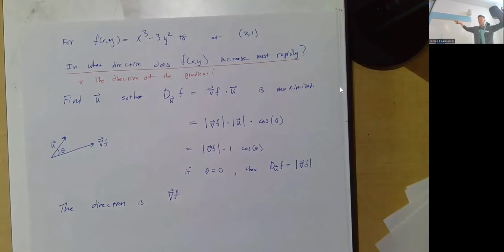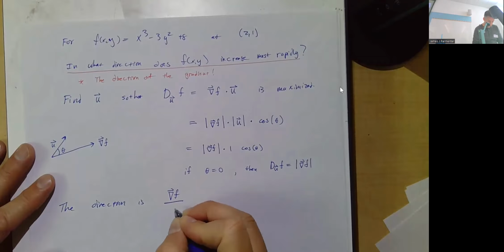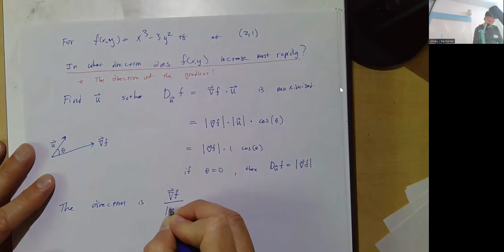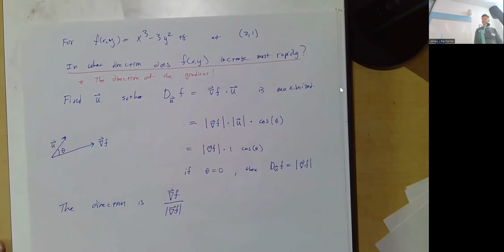They all point in the same direction, but to have uniformity to our answers, a direction vector has to have a length of 1 so that everybody gives me the same answer, and I can make it easier to write into WeBWorK. So our direction is going to be the gradient of f divided by the magnitude of the gradient of f.